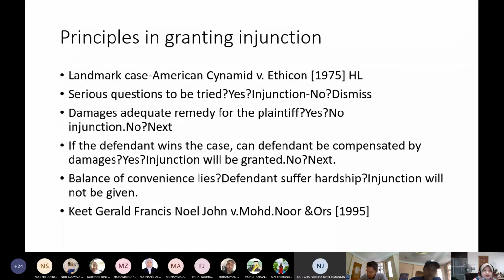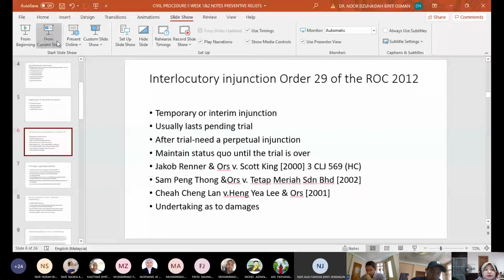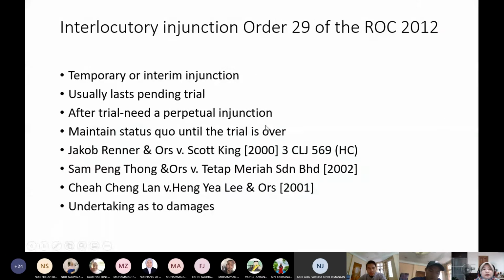These are important cases you need to recall. You need to know this interlocutory case, Jacob Renner. So in this case, basically, the judge Lau Hotbing allowed the ad interim injunction pending full determination of the final interlocutory injunction.